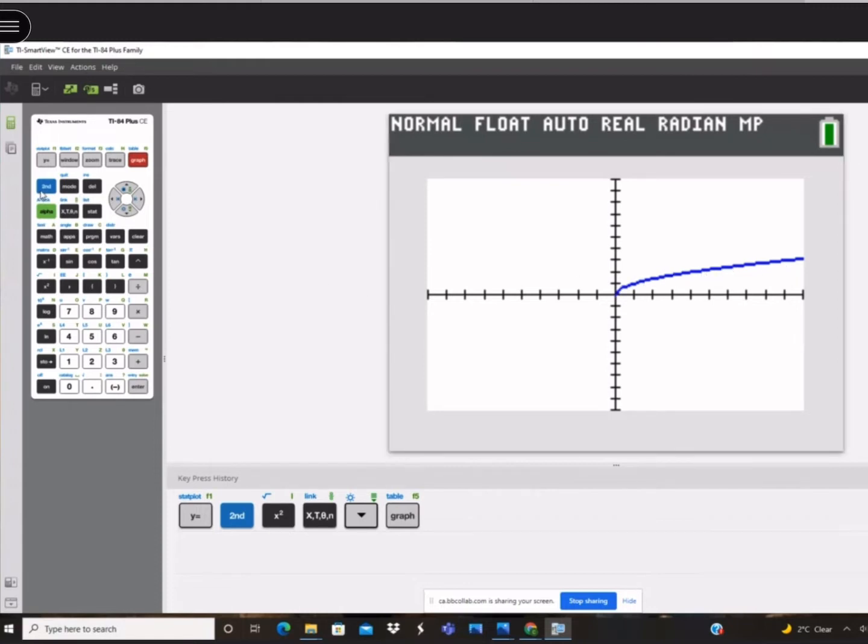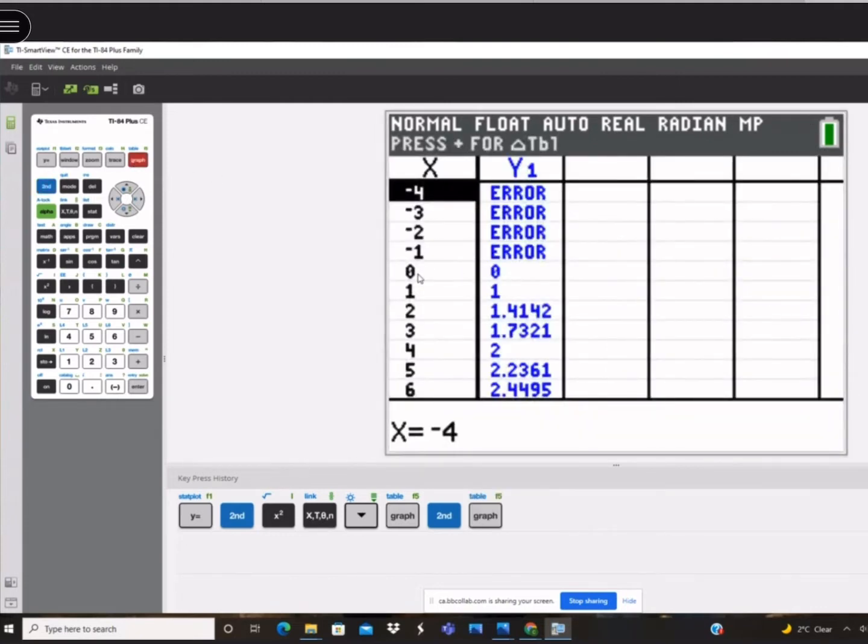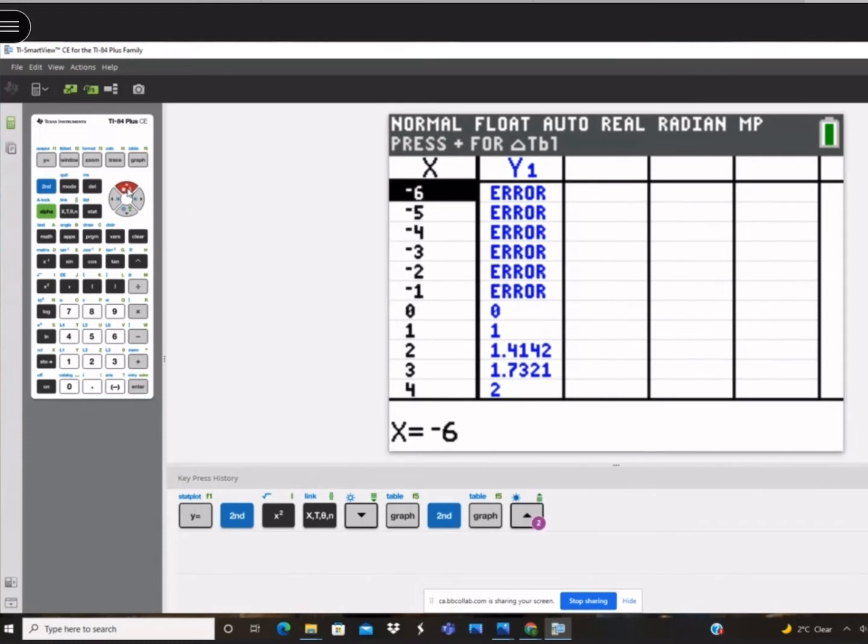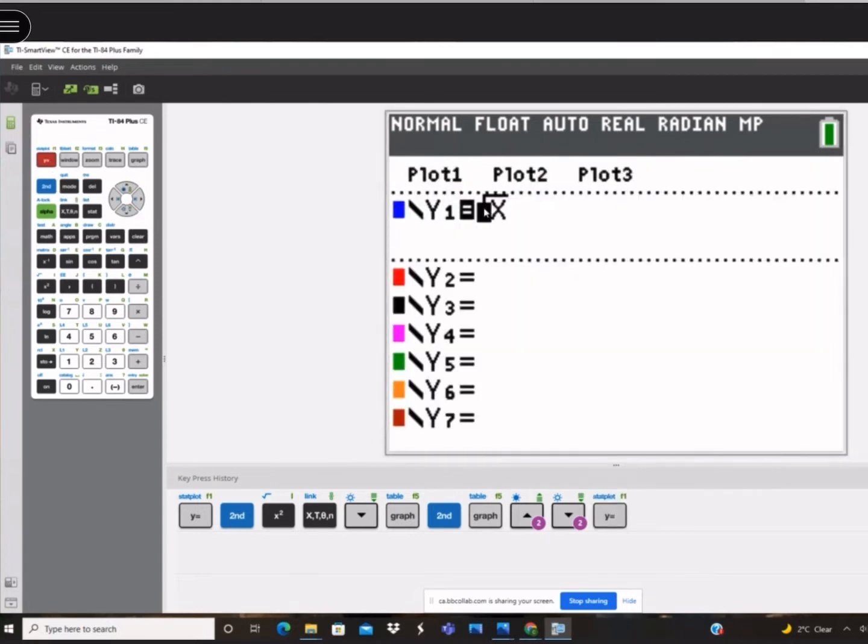A quick look at the table of values will show you something interesting here. What you might notice is that for all the x values that are 0 or positive, you have real y values. But for x values that happen to be negative, all we're seeing are errors in this table of values. If you can imagine why that's the case, going back to your equation, the square root of x can only be a real number if x is 0 or positive.